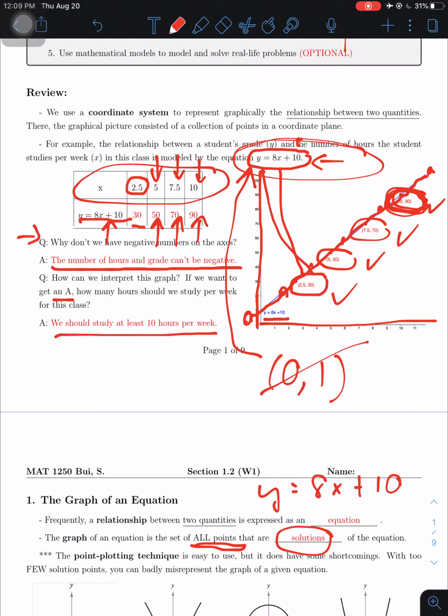Because when you plug in 0 for x on the right-hand side of the equation, we will get a times 0 plus 10, which is 10. Meanwhile, on the left-hand side of the equation, we will have y, which is 1. And we all know that 1 is not equal to 10, right? That's why the point (0, 1) is not a solution of the equation here.